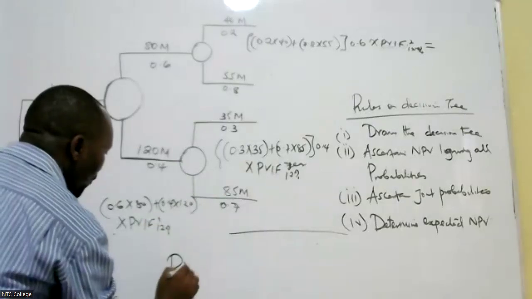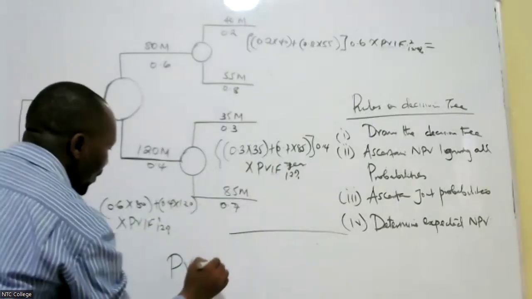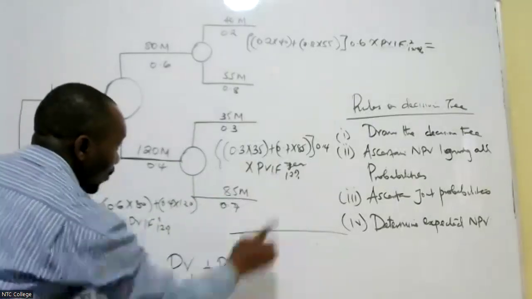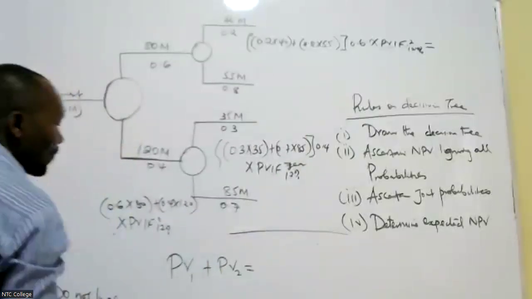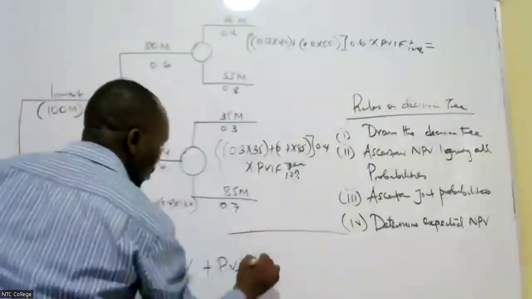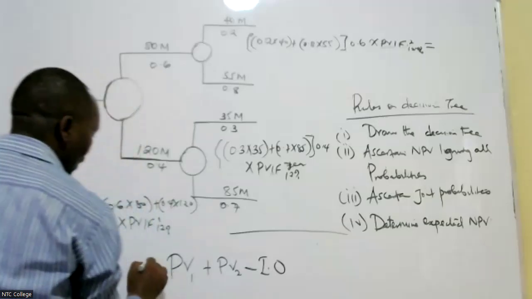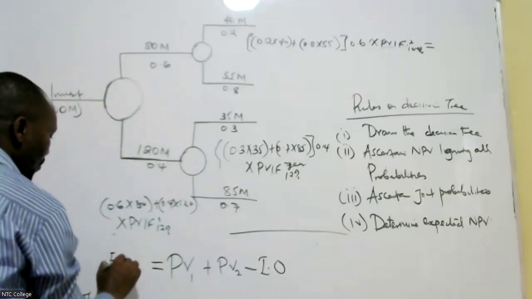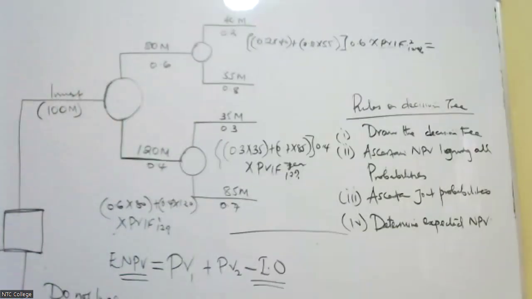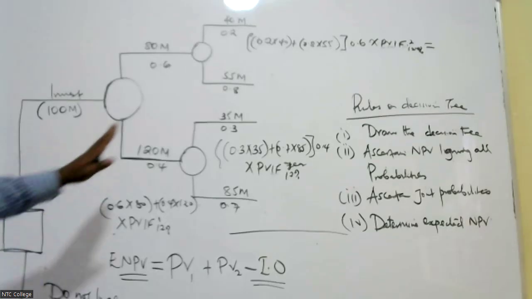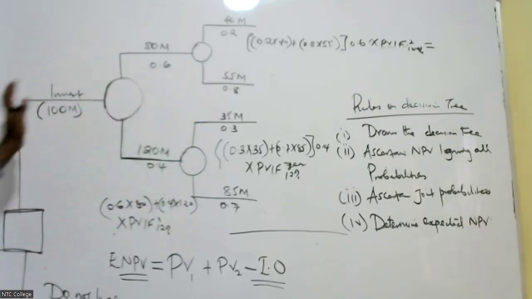Then add present value for year 1 plus present value, which was here, the total of these two, present value for year 2. You're going to have minus now IO. That is your expected NPV. That is an option that is there. But to avoid confusion, because now this one, you have to do this, then you move here.